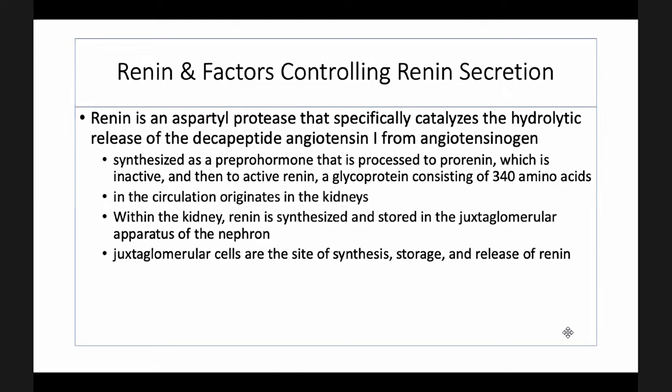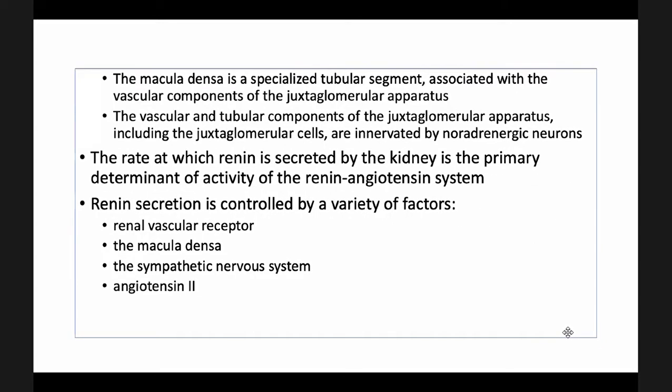Within the kidney, renin is synthesized and then stored in the juxtaglomerular apparatus of the nephron. The juxtaglomerular cells are the site of synthesis, storage, and release of renin. The macula densa is a specialized tubular segment associated with the vascular components of the juxtaglomerular apparatus.